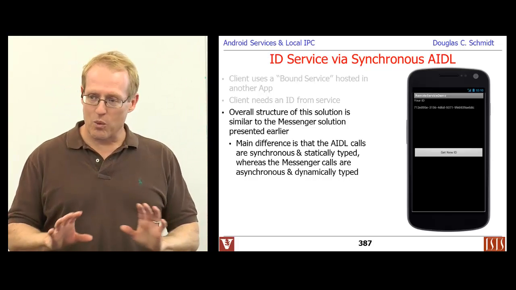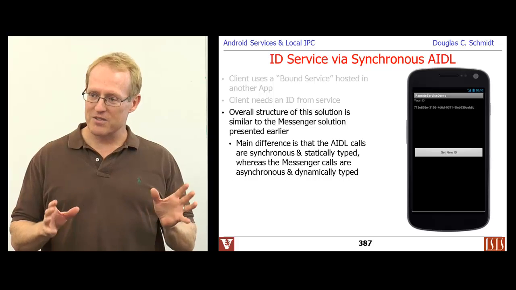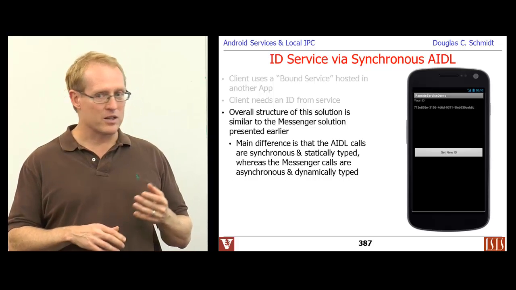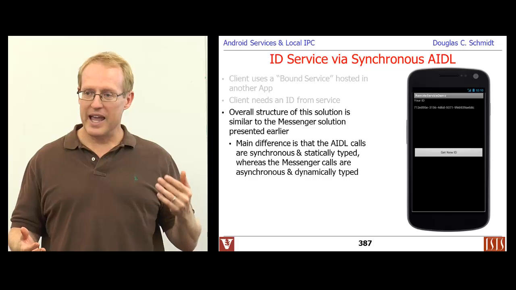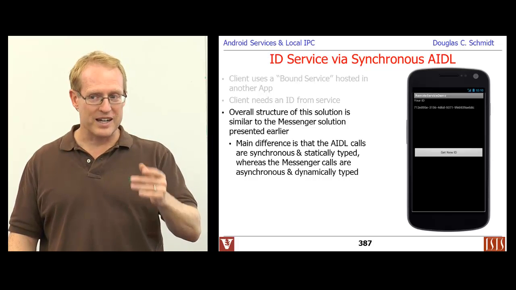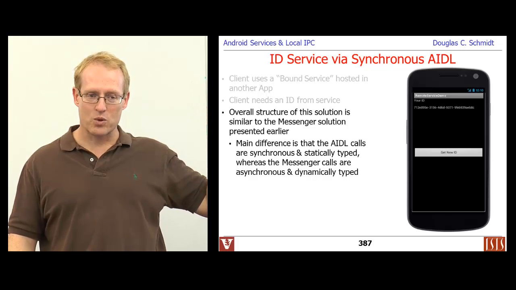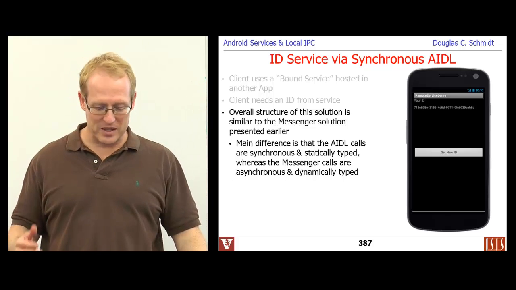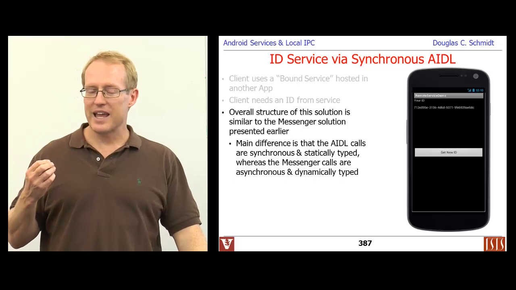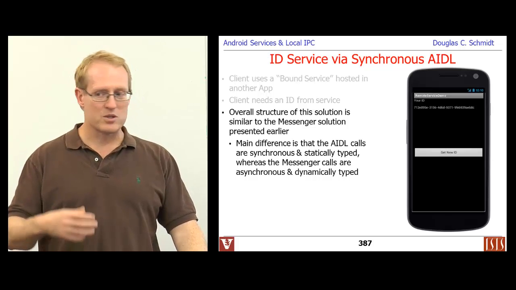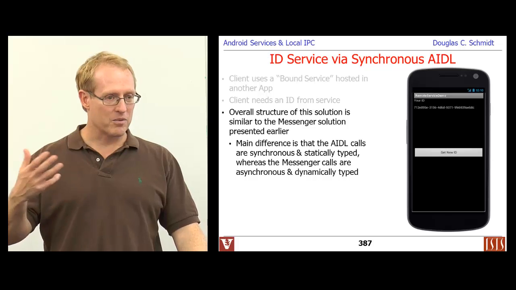The main way that what we're talking about here is different from that, at least at first glance, is that the messenger model is totally asynchronous. And this model, at least for the first cut, is going to be synchronous. So the caller will block while the call runs. That's one difference. The second difference is that in the messenger model, everything was done in one thread of control. There was a looper thread running all the processing.